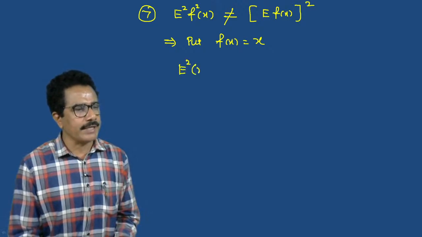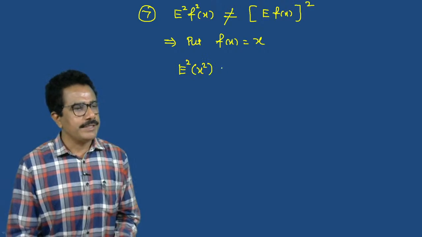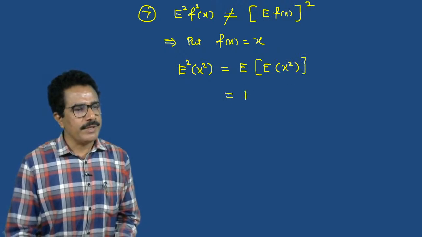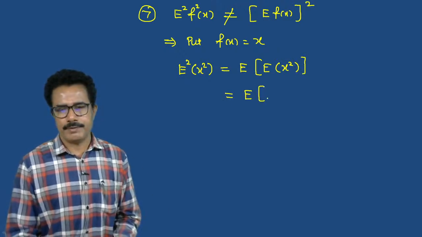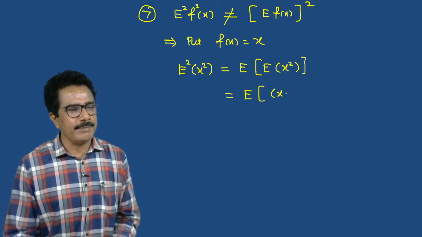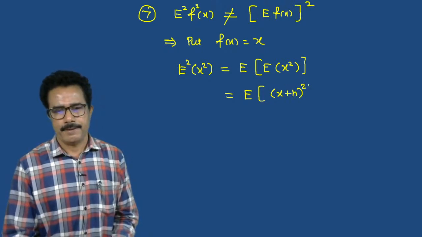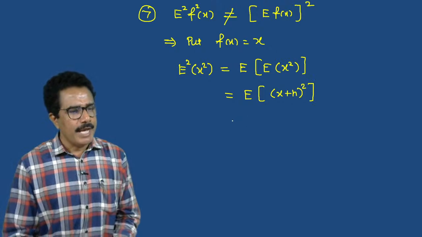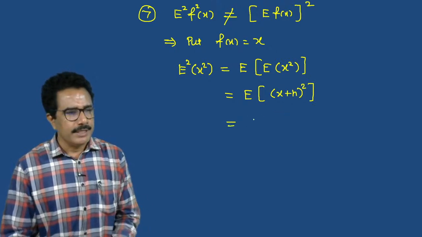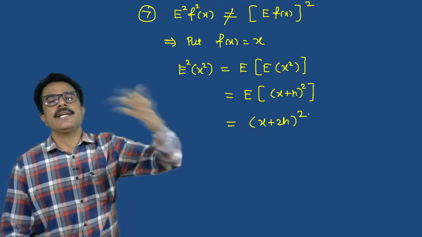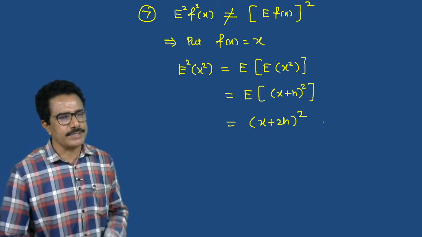E square of x square, which is given by E of E of x square. E means forward shift operator. E of x square means it can be written as x plus h bracket square. Again we have to take the shift, that is x plus 2h bracket square. E shifts by one h, so this is 1.